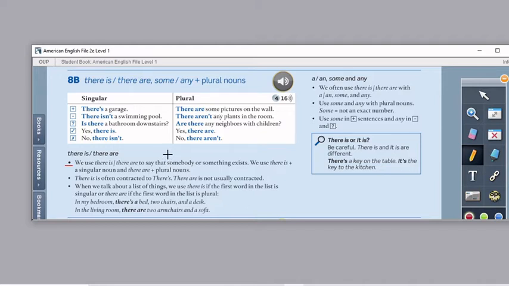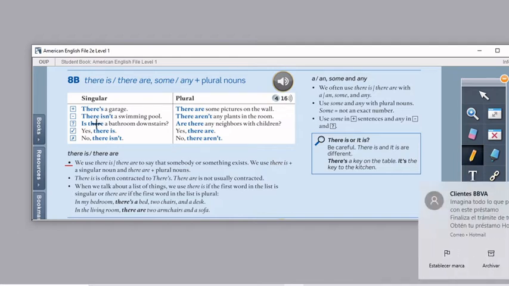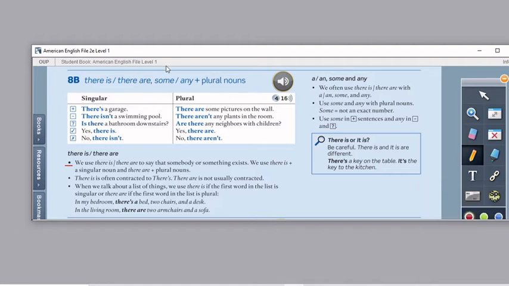So in Spanish it's something like hay, no hay. In English we have a differentiation of that word to express existence.